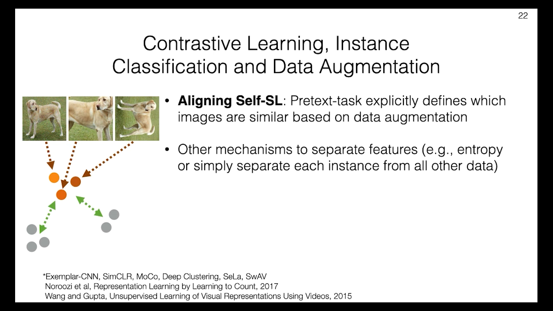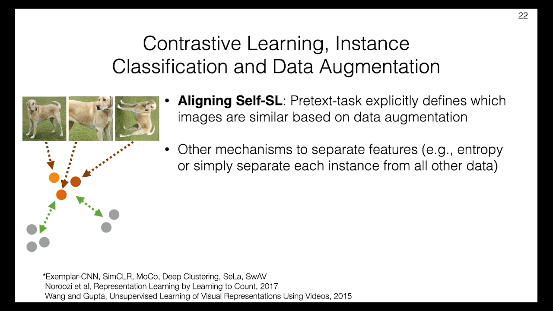In 2014, Exemplar CNN was one of the first methods to heavily exploit data augmentation in this way. It considered the extreme case where each image was mapped to a single category. Later methods introduced effective contrastive losses, additional heads, and also explored larger mini-batches and network architectures.